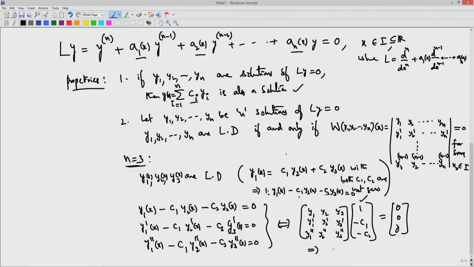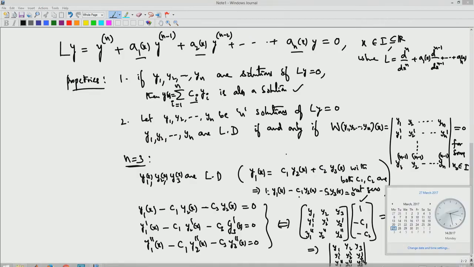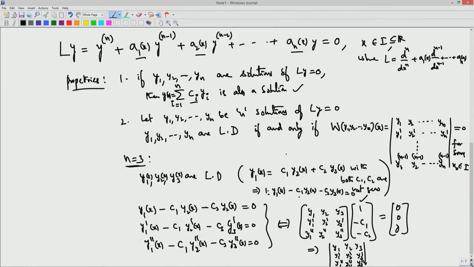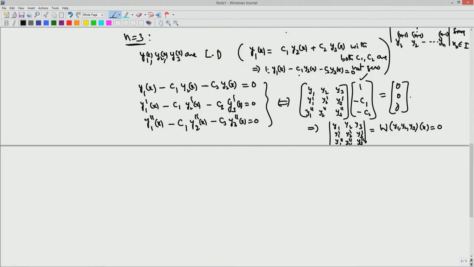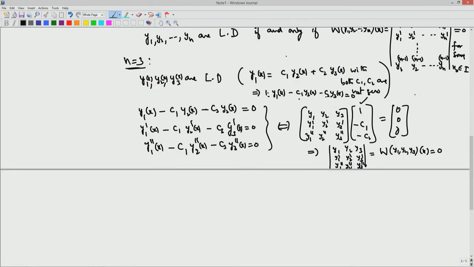So this determinant is actually equal to the Wronskian of y1, y2, y3 of x equal to 0. This is true for every x. This is one way of proof.